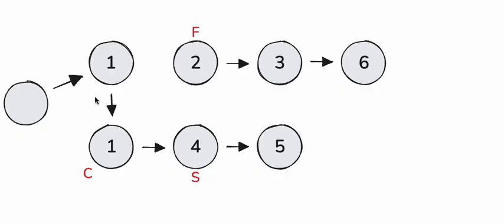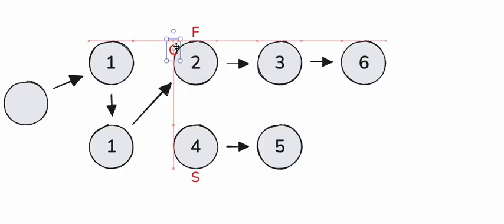Okay, then again, same deal. We're looking at F and S. In this case, F is less than S, 2 less than 4. So C.next will be set to F. We'll move C to F. We'll slide F over.